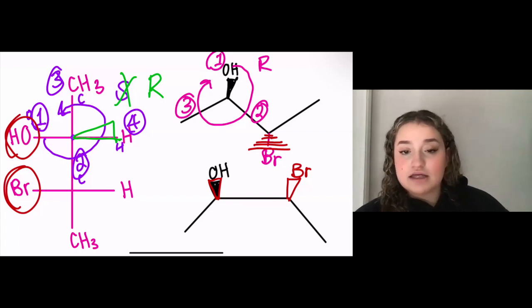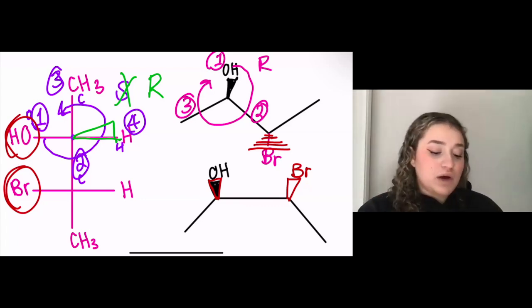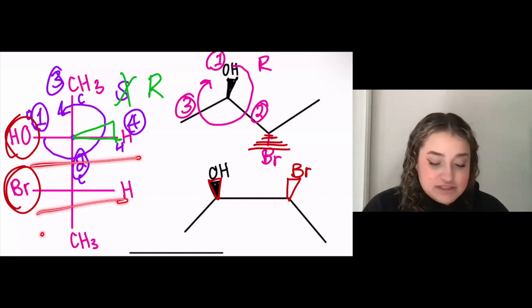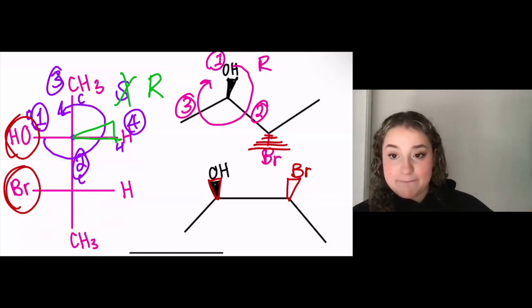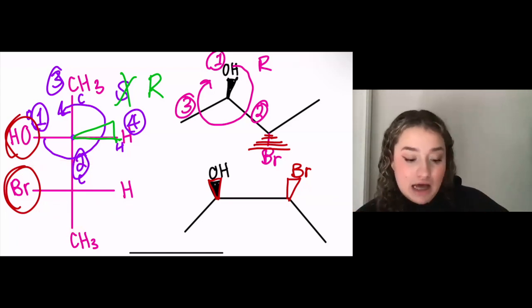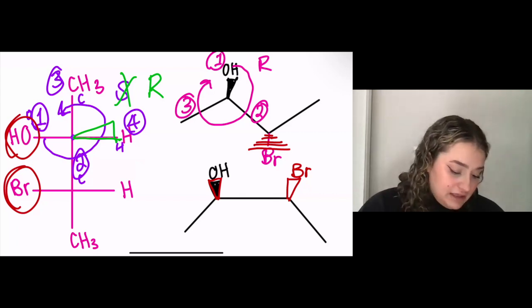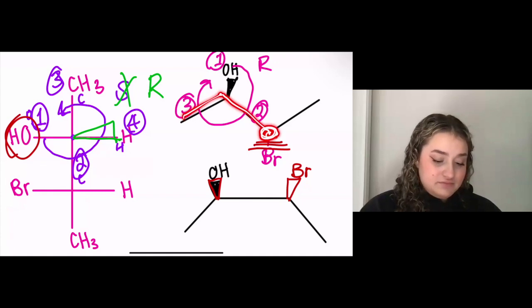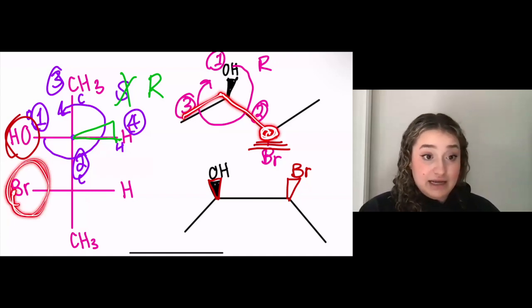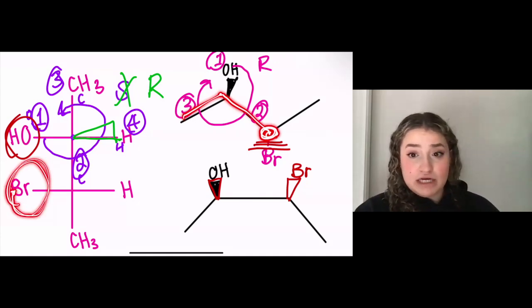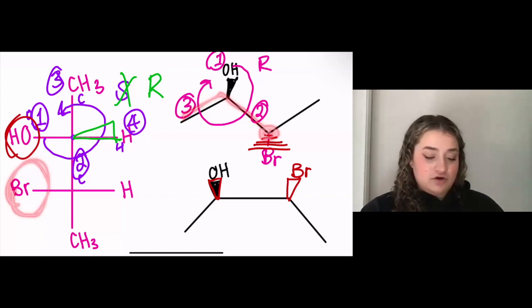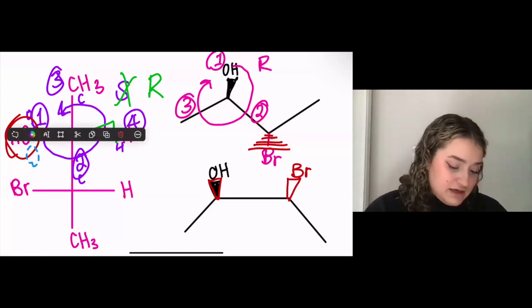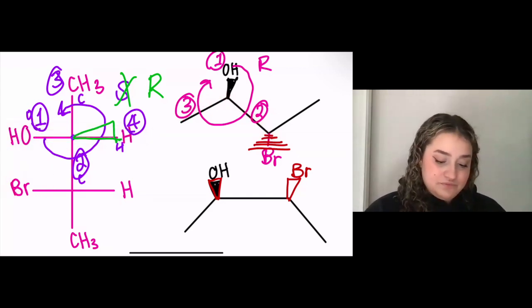Especially when you get into having more stereocenters, it's a lot harder to figure out. So I'm going to show you the stereochemistry again. Or you could just know that because it goes opposite here and it looks like they're on the same side, you'd have to put the bromine on a dash. Okay, let me say that one more time.